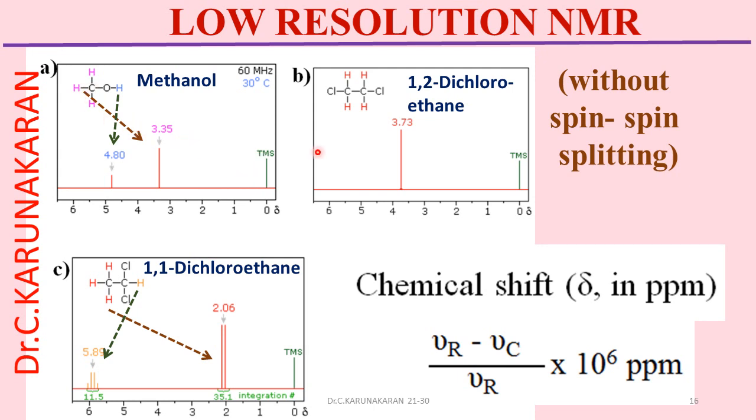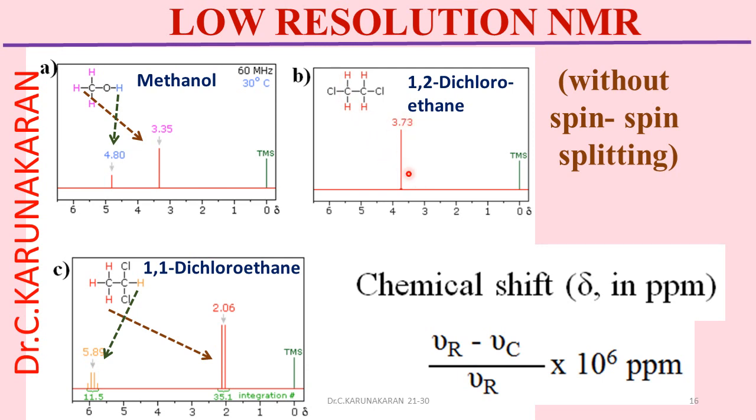Next, at a 60 megahertz NMR spectrometer, this is 1,2-dichloroethane. Here, methylene proton 1 and methylene proton 2 are chemically equivalent and magnetically equivalent.